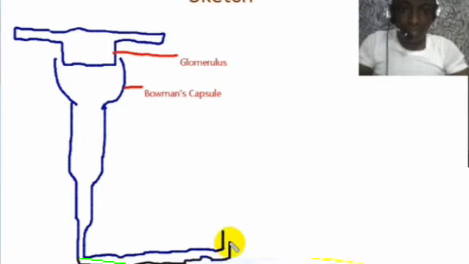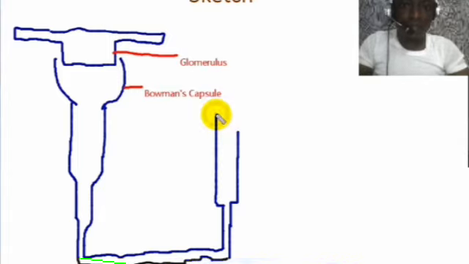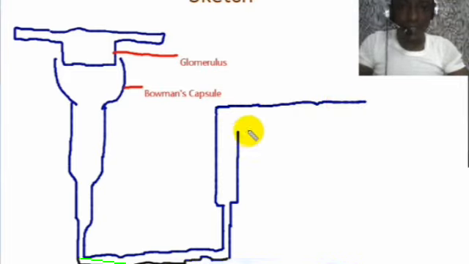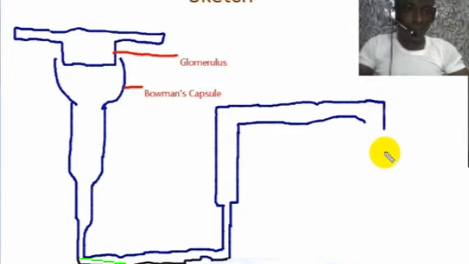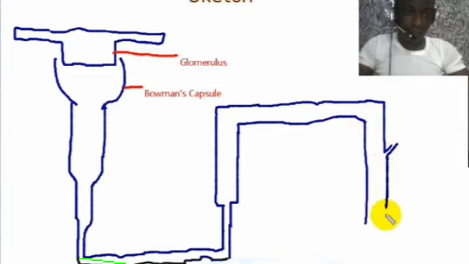From the hairpin bend, the thin ascending loop of Henle originates, and it further gives rise to the thick ascending loop of Henle. From there, the distal convoluted tubule originates. I'm going to label the diagram for you to understand what I'm sketching. From the distal convoluted tubule, the collecting duct originates, and this collecting duct terminates in the renal pelvis.